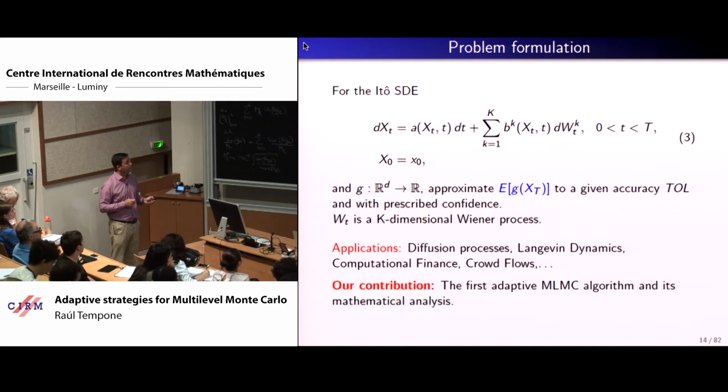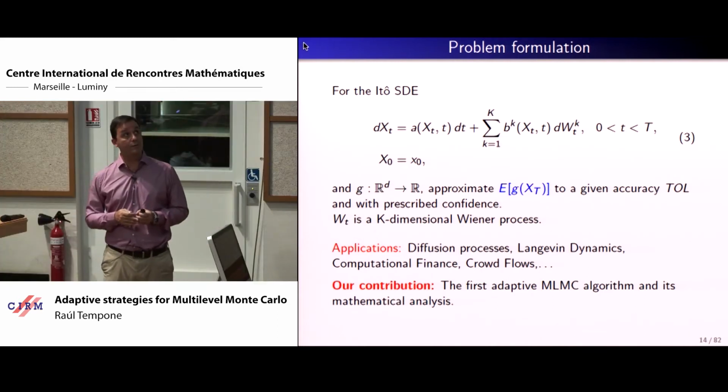It evolves in R^d. And g is a given function so that our goal is to compute the expected value of g of X at capital T. So evaluation at final time of the solution of an SDE. Again, we are given an accuracy constraint toll and a prescribed confidence level, and everything is driven by a k-dimensional linear process.